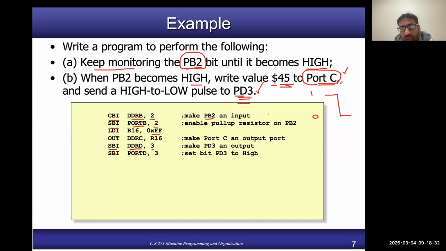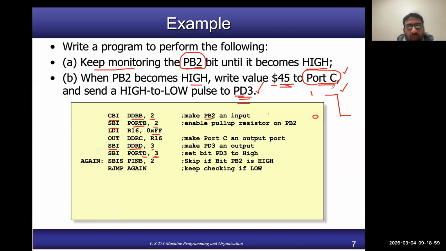Okay, now we are doing these things like sending high to low. So initially we are sending high on the port PD3, right? So for that we are setting the bit 3 of port D equal to 1. So now if you connect an LED on the pin 3 of the port D, you will see that the LED is glowing, right?